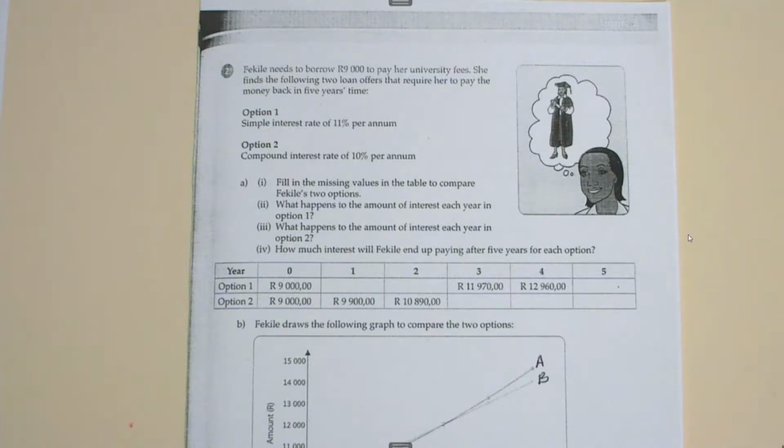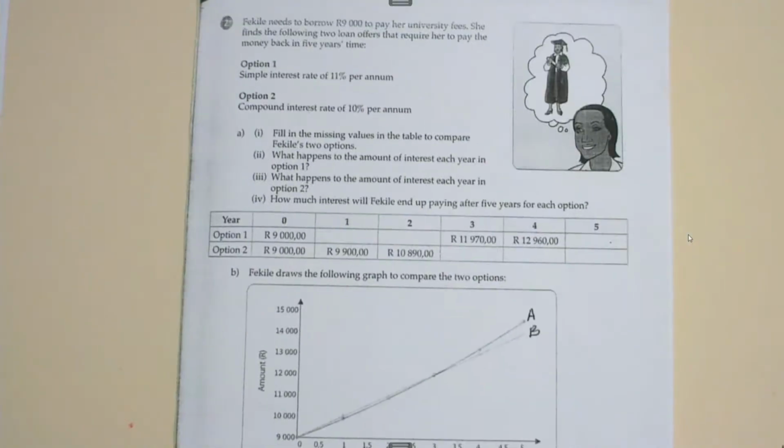So our two graphs, which is graph A and graph B, option 1 and 2, on the graph paper here, I've indicated as A and B because there are questions that ask about the options. So we will see that they are being drawn and they look different. They are not the same.